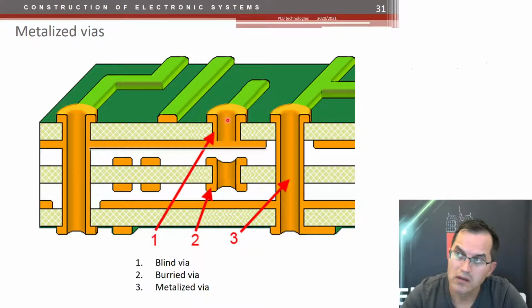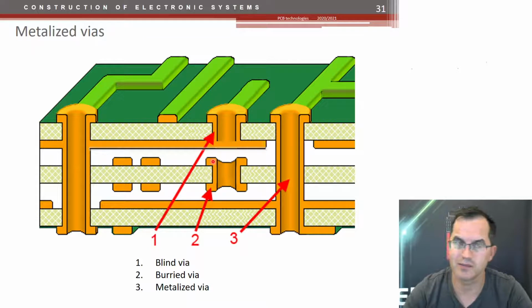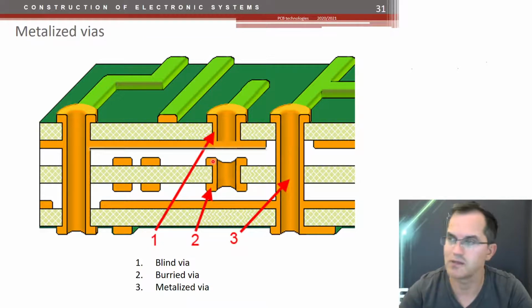But then you can connect from surface to a certain layer inside. But making buried vias, that's of course saving more space on the outside, but you have to sacrifice quite a lot in terms of procedures and price as well.